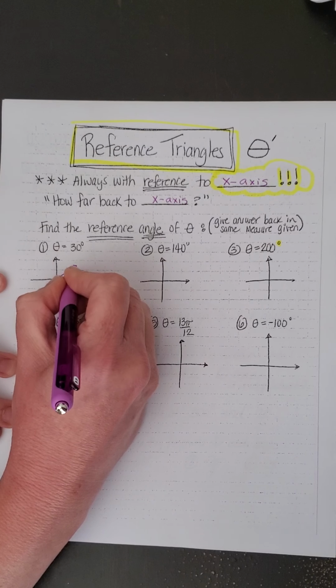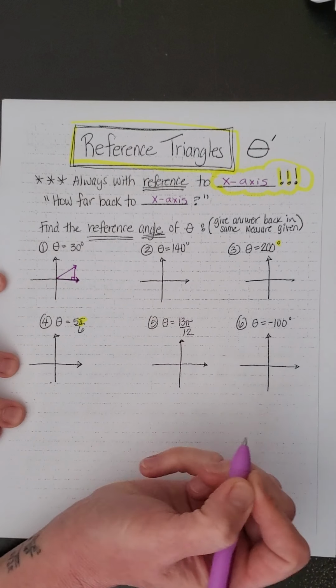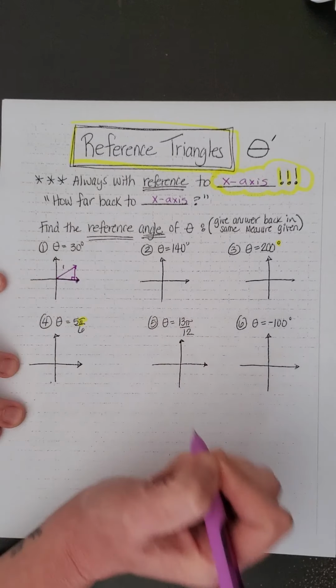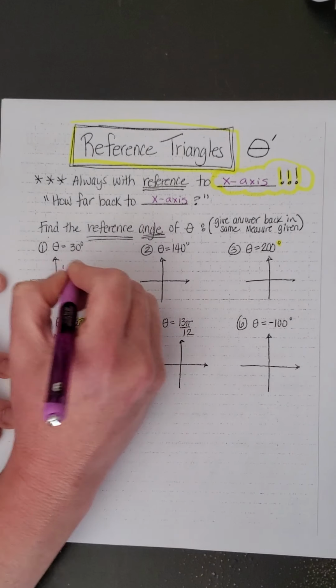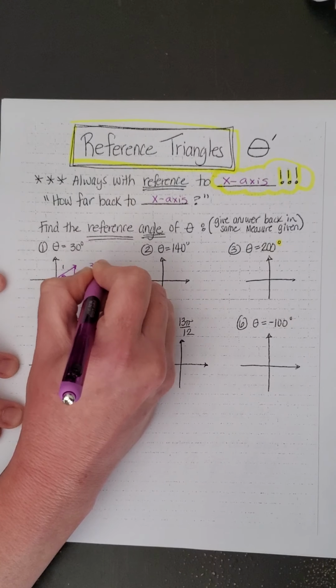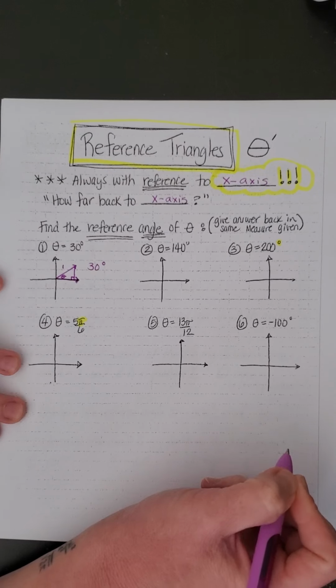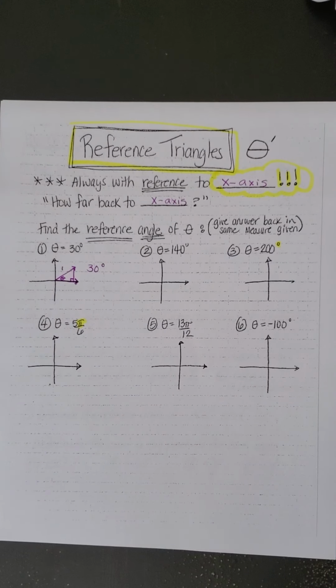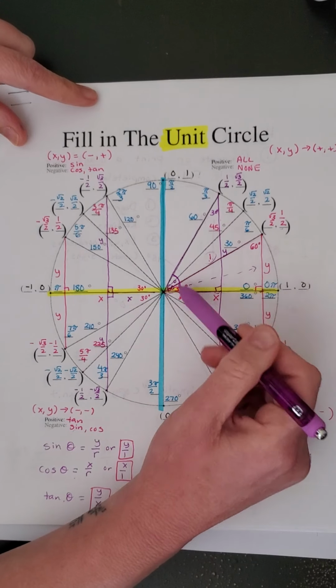There's my terminal side, and I would drop my triangle straight down, and my radius would be a 1. And this angle would be 30 degrees. That is my reference angle.